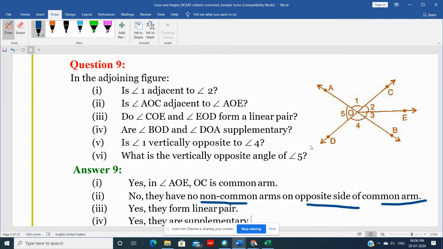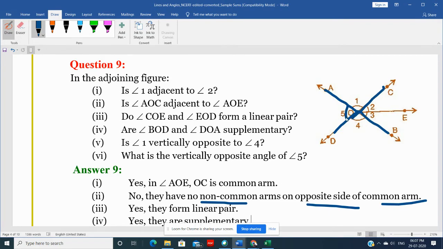And what is the vertically opposite angle of 5? See, again, this is your angle 5, which is made up of this. Now let's start finding out the common point. So this one and this one, this is your common point.